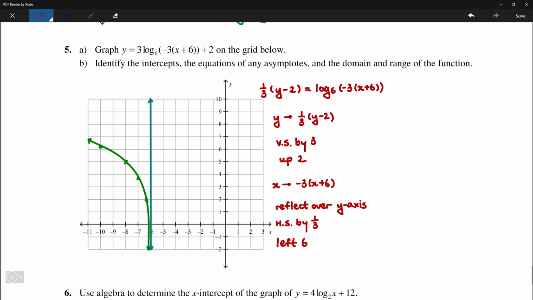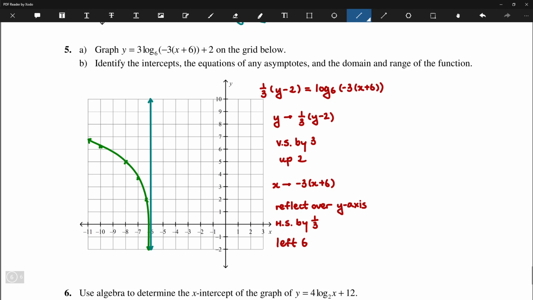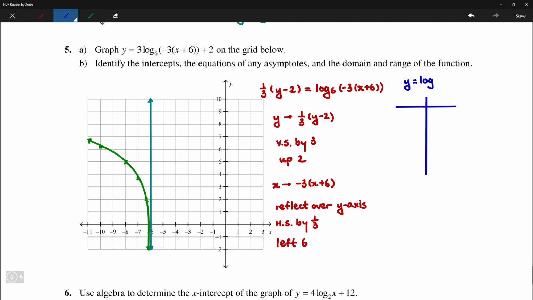So from there, we can use a table of values for the original function first. So let's write this in a different color. So the original function would have been y equals log base 6 of x. We have x and y here.